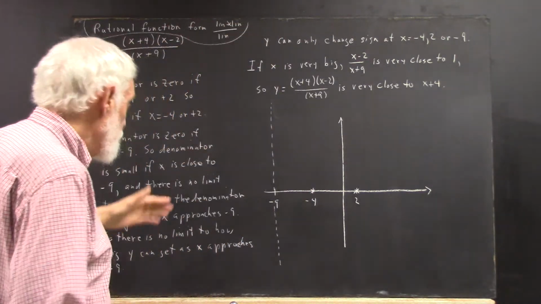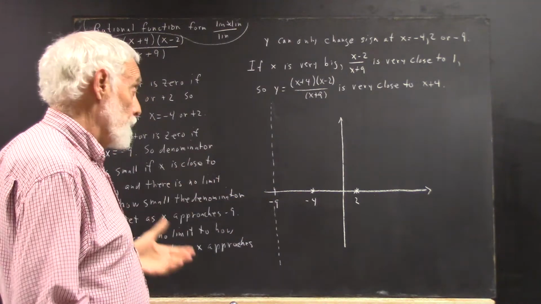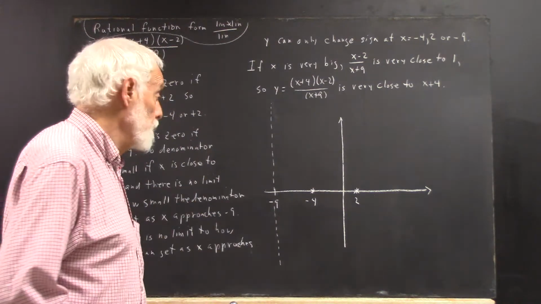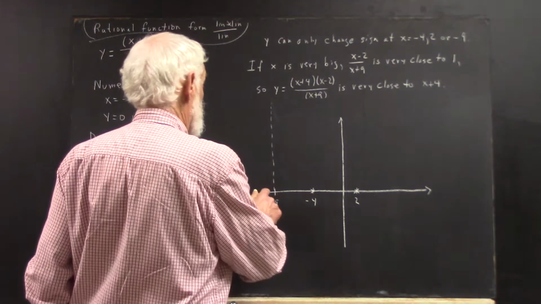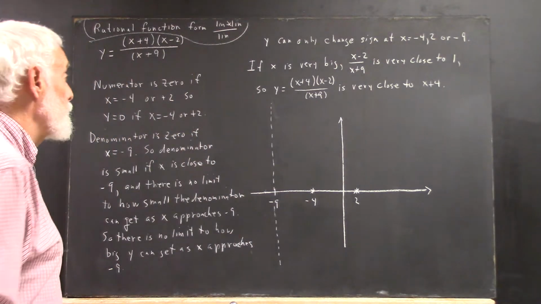And if you approach from this side and the numbers are negative, you're going to get really big negative numbers and you're going to have an asymptote on this side. So we're going to see how that works out.